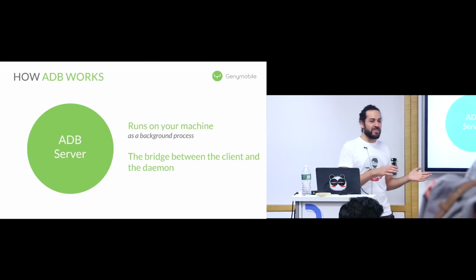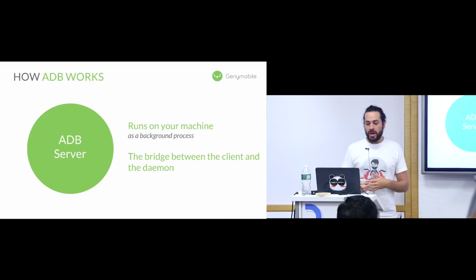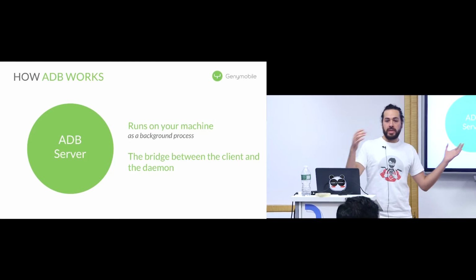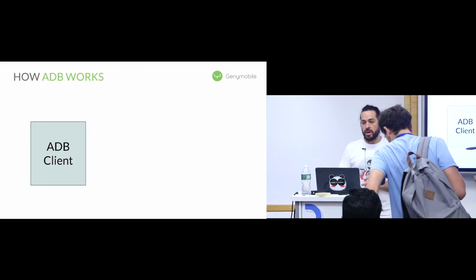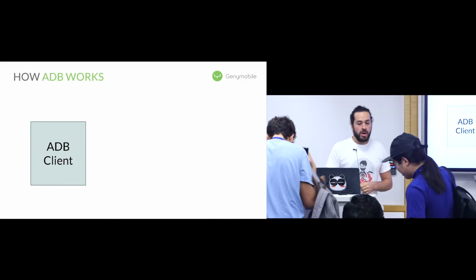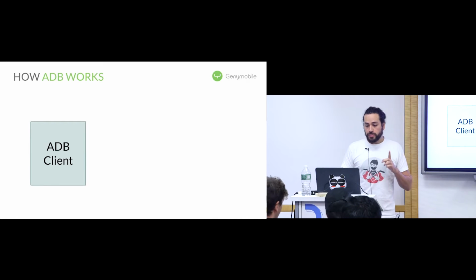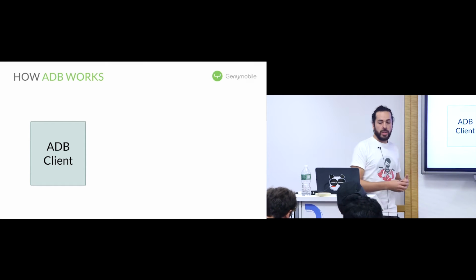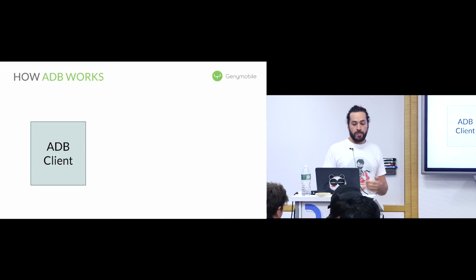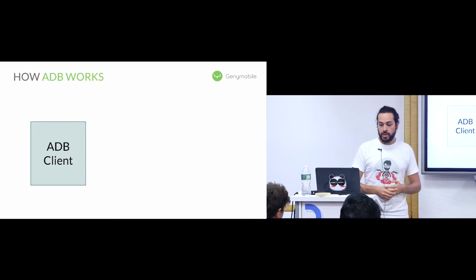So the ADB server is the real bridge of ADB. It actually links the client and the daemon. And we will see how during this presentation. So when you launch an ADB command, the ADB client will be executed.